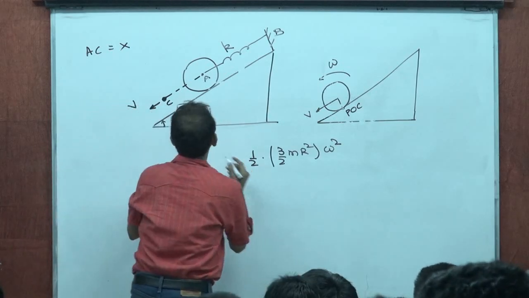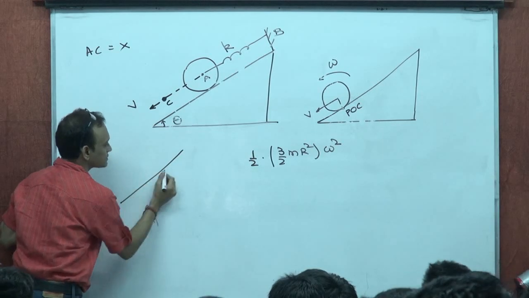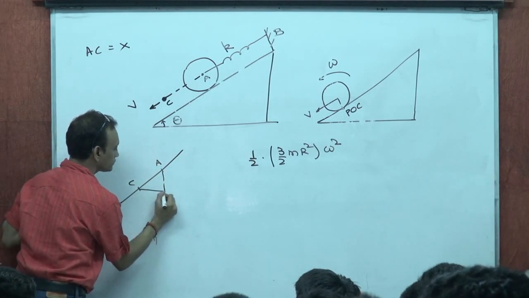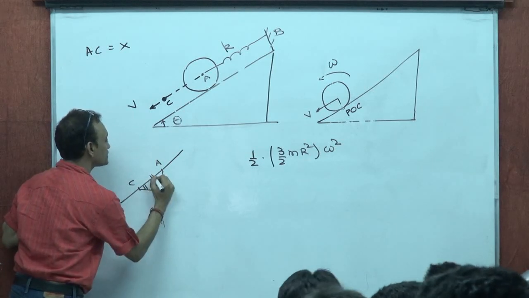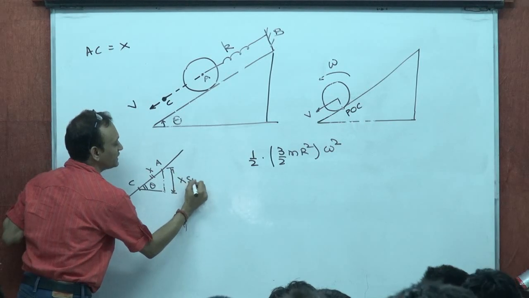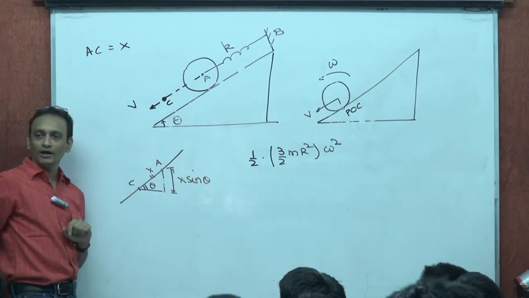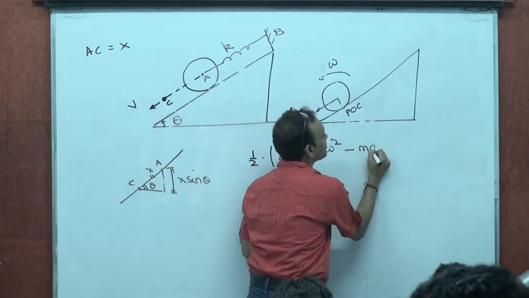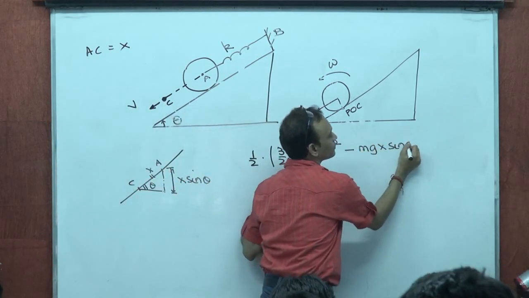Now, if it has descended by an amount x, A to C. This is theta, this is x. That means its vertical fall has been x sine theta. Therefore, the potential energy expression is minus mg x sine theta.